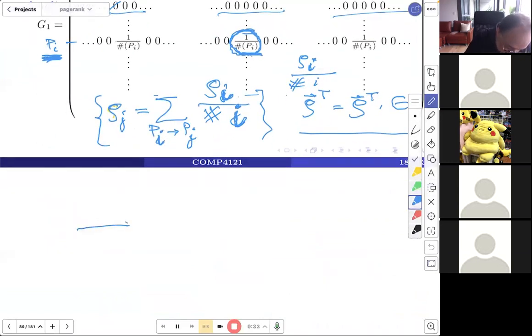changing our graph as follows. So the weight of this edge is, say, 1 over the number of links on page Pi, right? But this is a dangling web page. So then how we change it is, instead of making it dangling, we put weak edges.